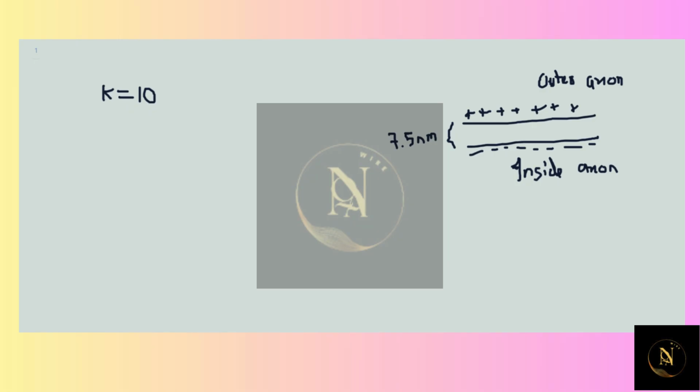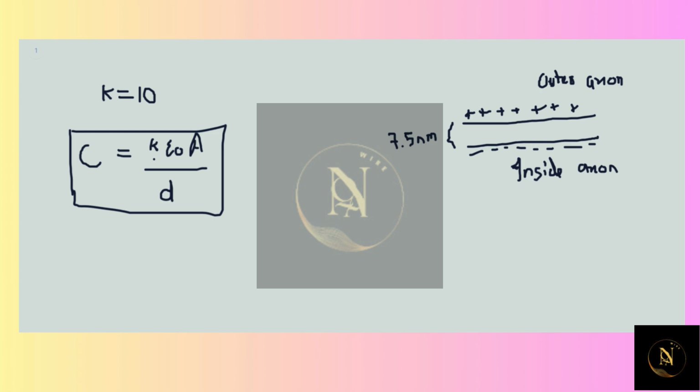We know that for a parallel plate capacitor, the capacitance is given by C equals K epsilon naught A over D, where K is the dielectric constant of the material in between the parallel plates of the capacitor.